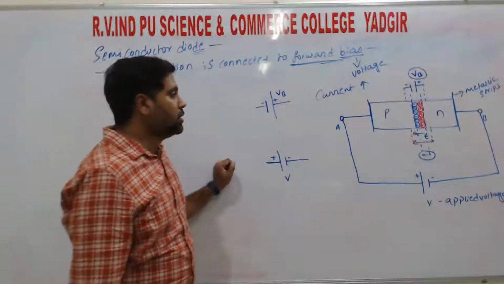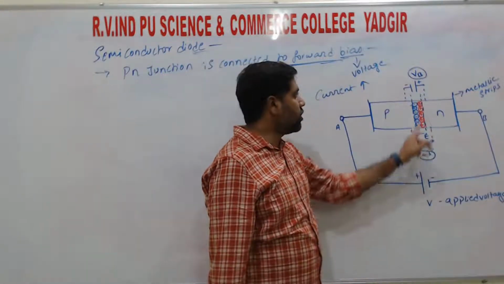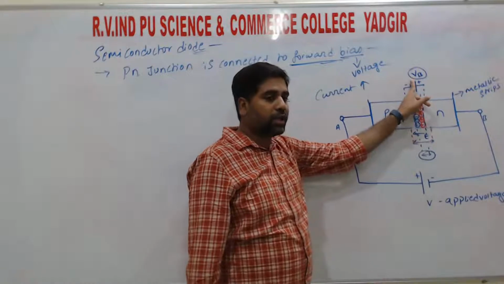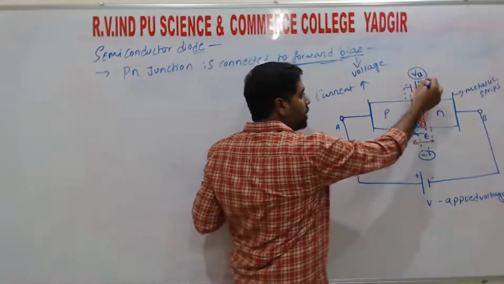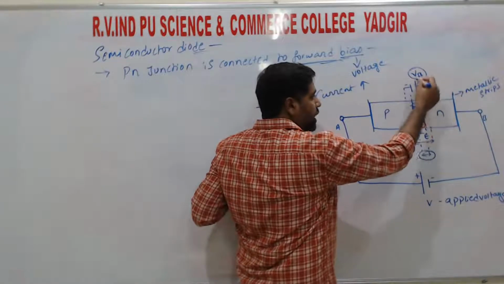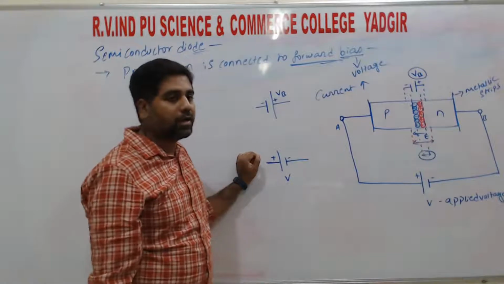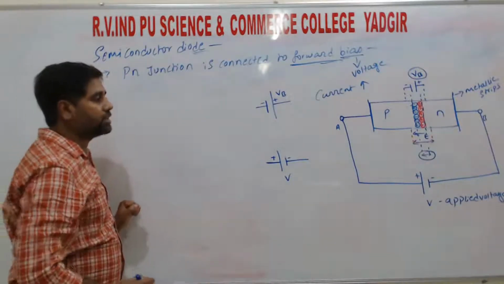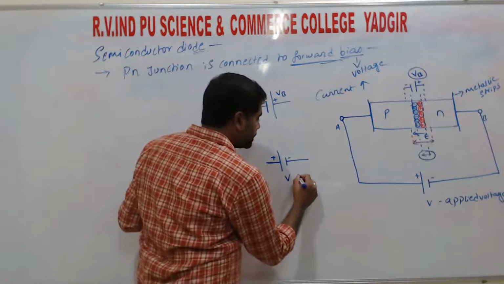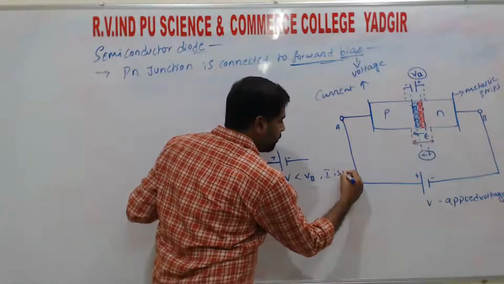So when we connect the applied voltage opposite to the barrier potential, the depletion layer goes on decreasing, right? For low voltages, that is when V is less than the barrier potential, the current is very less.